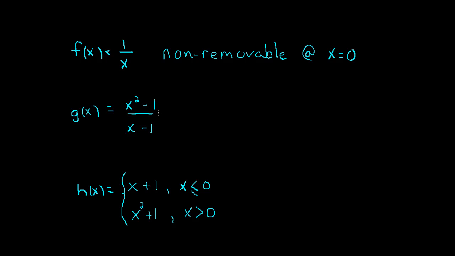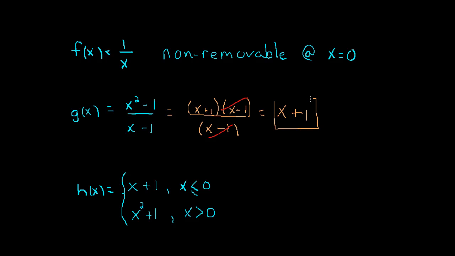We can rewrite this function and notice that the top factors to x plus 1 times x minus 1, and the denominator is just x minus 1. Now one thing you'll notice is that we have an x minus 1 up top and an x minus 1 down below, and we can rewrite this function as x plus 1.